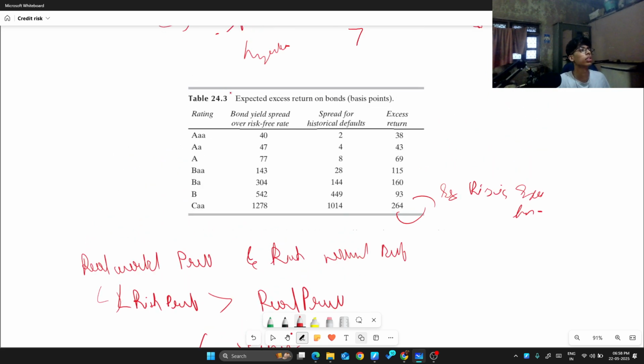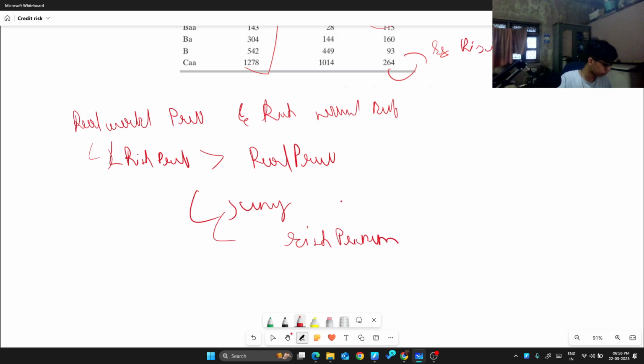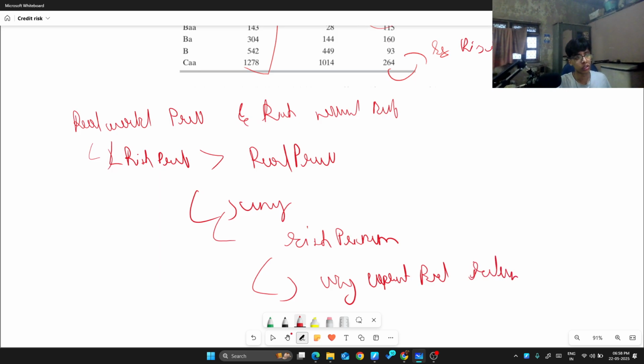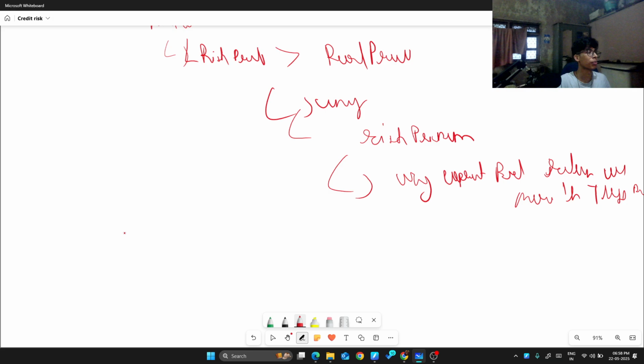We can see that risk neutral probability excess return is more, and the reason is simple: because of risk premium. It is like asking why corporate bond returns are more than treasury bond returns, and because of systematic risk also.